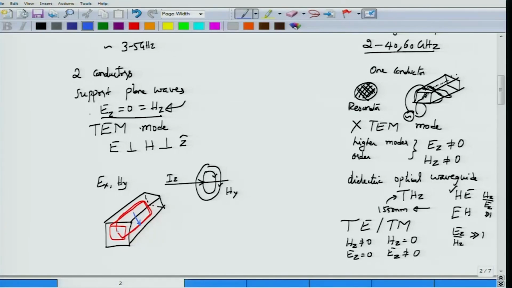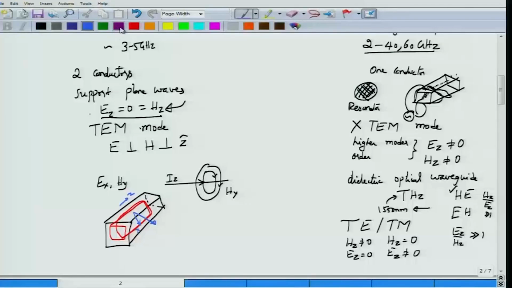But for the magnetic field to be along the Hy direction, where this is along the Z direction and this is along the X direction, for the magnetic field lines to form loops inside the region between the waveguide walls, you need to have a central conductor, right.